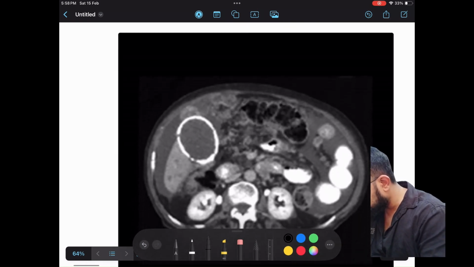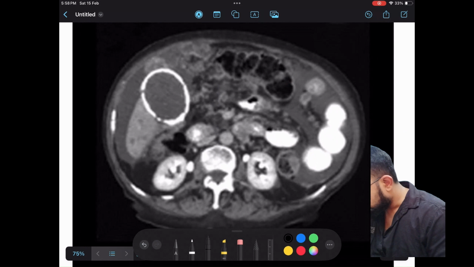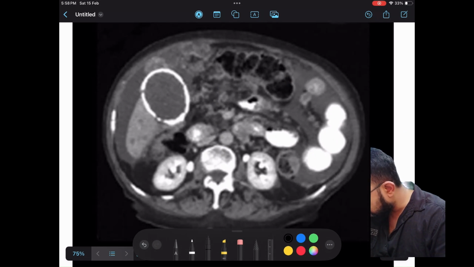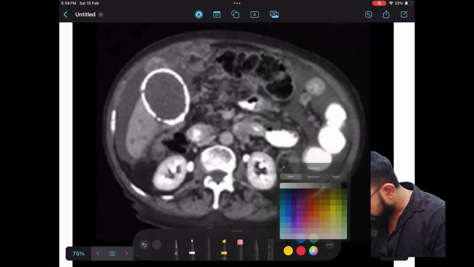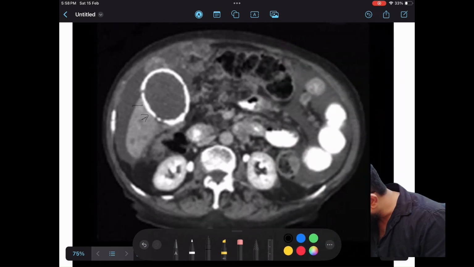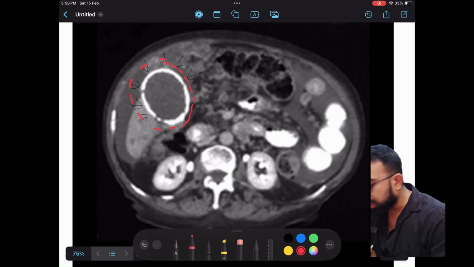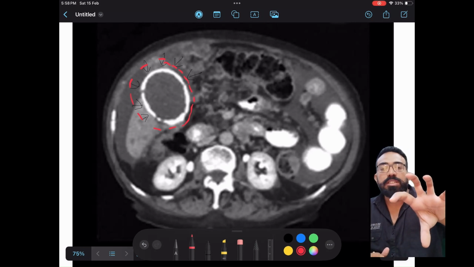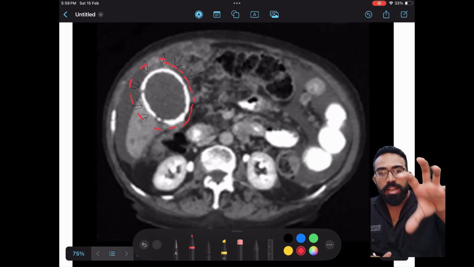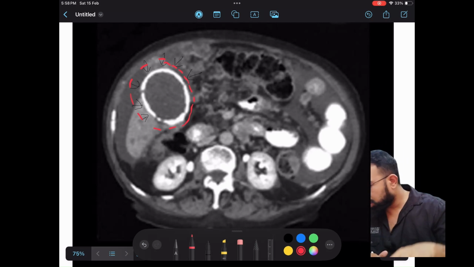Now I'll show you the CT image. Yes, on the CT, this area is the gallbladder, which is completely surrounded, the calcium has been deposited all over.